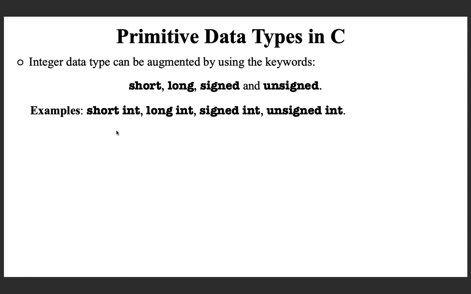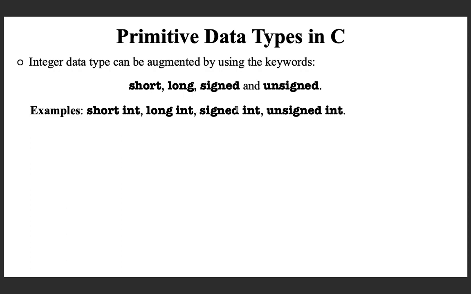Suppose in your program, you know that you are not going to make use of large integers. Your usage is always within the permissible range for 2 bytes. Then to make it more memory efficient, you can go for short int, only 2 bytes. In that case, long int will be 8 bytes depending on the compiler. If you know that you need to go for large numbers, go for long int.